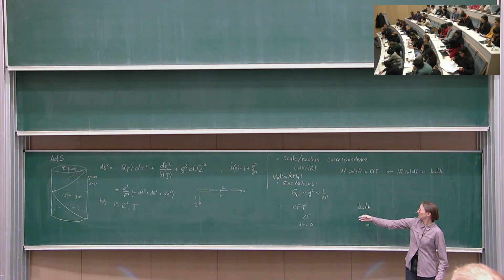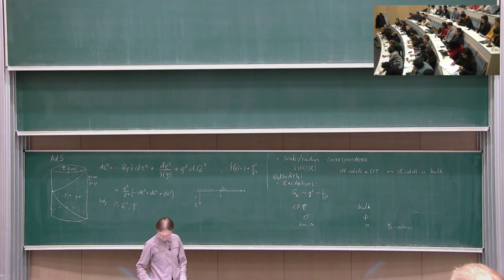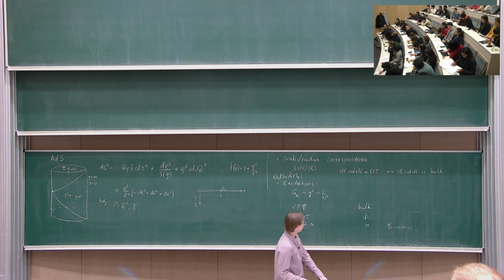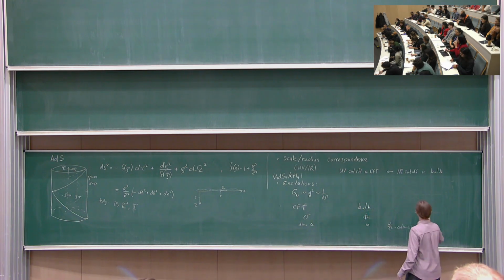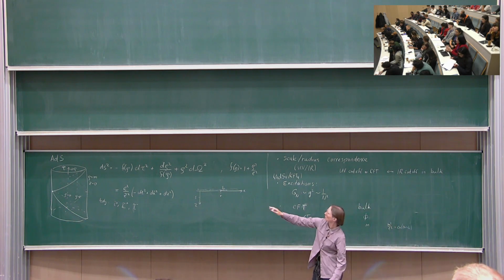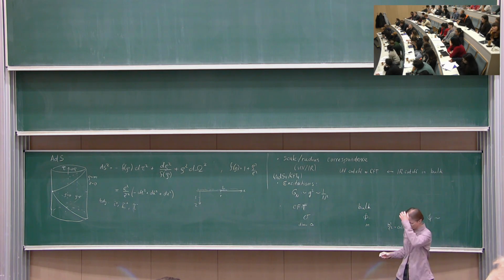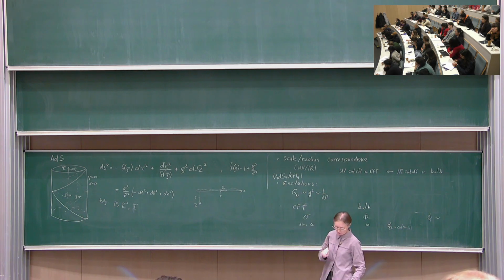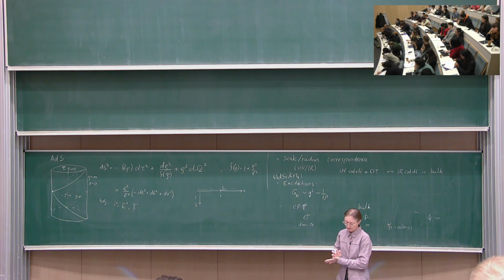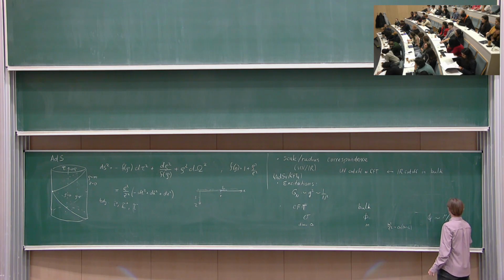If you look at the fall off of this field in the bulk, as you go towards the boundary, this field falls off with a characteristic power law as just some coefficient over r to the delta.